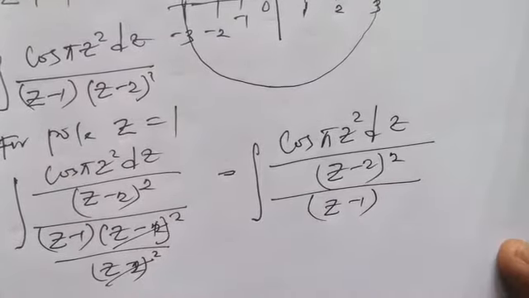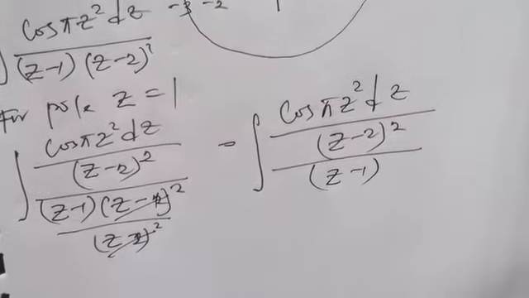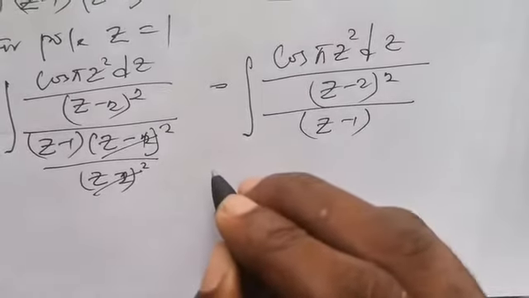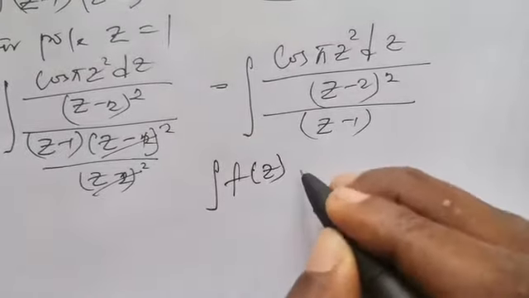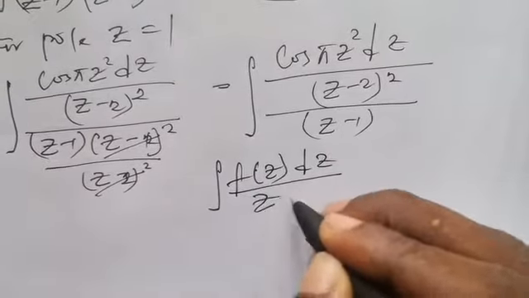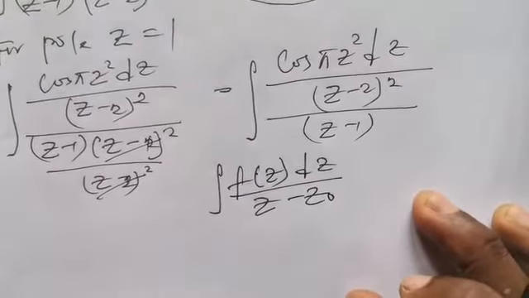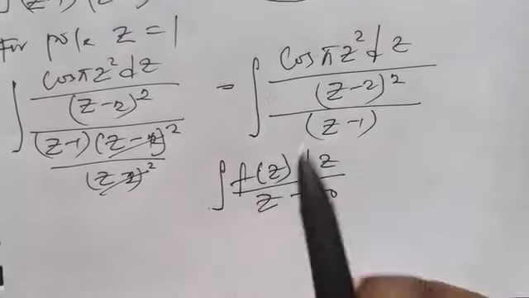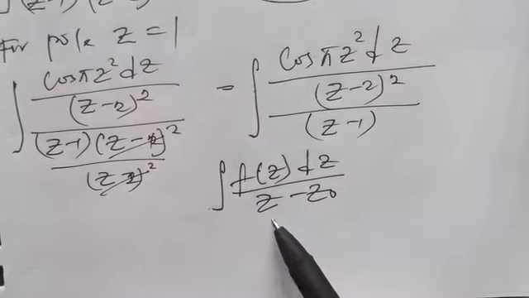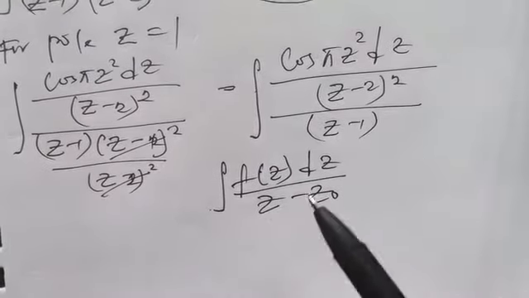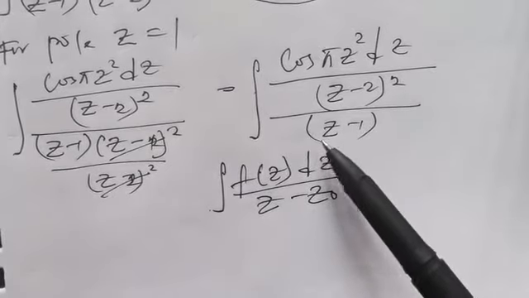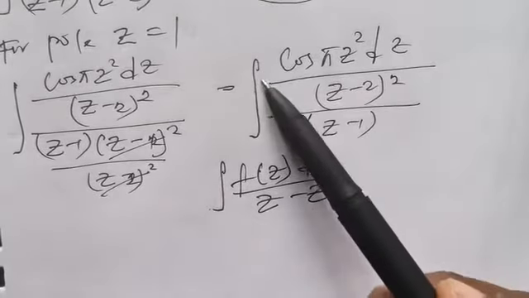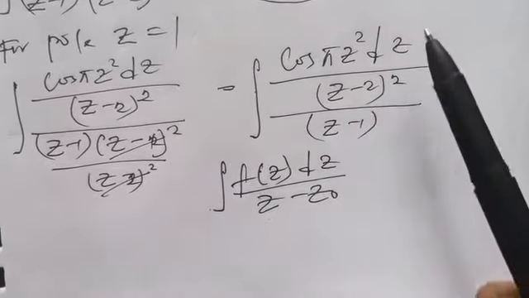So comparing this with Cauchy's integral formula, which simply states that we have the integral of f(z) dz all over z minus z naught. Upon comparison, you have the integral sign, and z minus z naught appears at the denominator. Then that means at the denominator here we have z minus 1, so this z minus 1 corresponds to z minus z naught. The integral sign corresponds to the integral sign, and the dz corresponds to this dz.